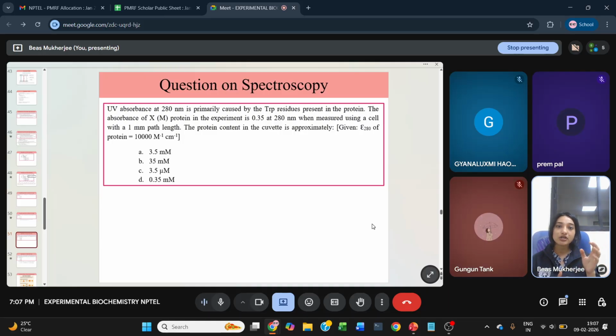The protein content in the cuvette is something you have to find out, and the epsilon value at 280 of the protein is 10,000. So you have A, you have L, you have epsilon. You only have to calculate C, the concentration, using Beer-Lambert's law. Try calculating.